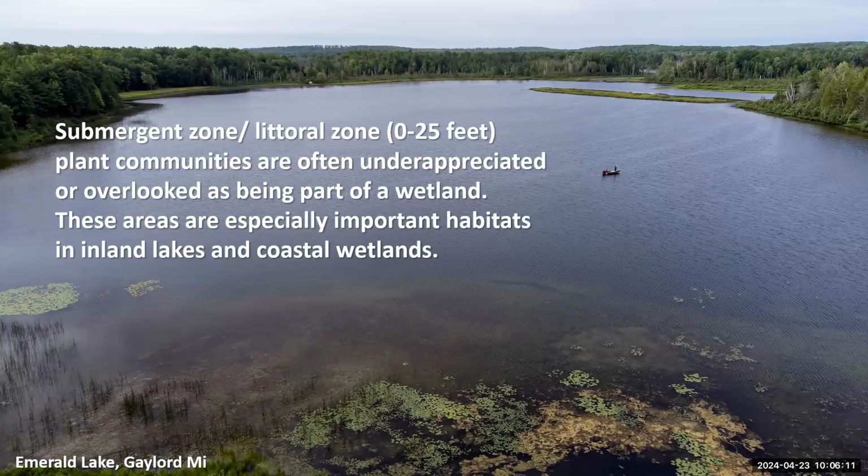You know, submergent zones during low water times will develop into emergent zones, and emergent zones during high water times will turn into submergent zones. But they're very important habitats. And just look at this picture. You can see this submergent zone community, and just imagine how many critters are using this area for habitat.